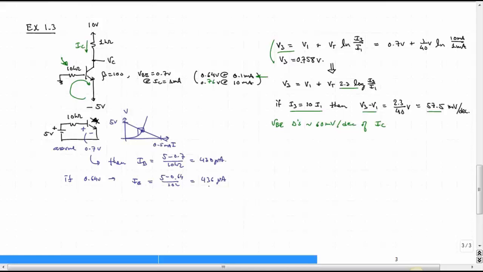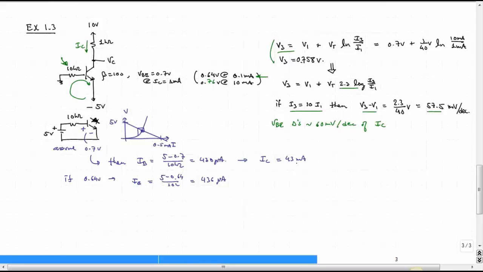Now, in this particular example, let's see, if the base current is 430 microamps roughly, then the collector current would be beta times that, right? So IC is going to be 43 milliamps.